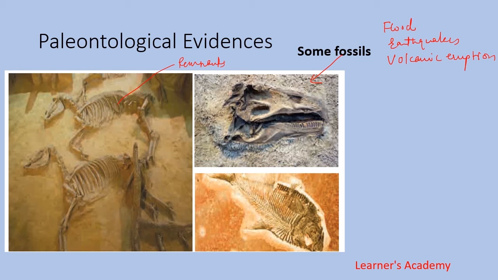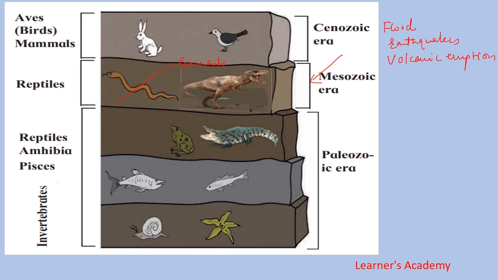The study indicates that vertebrates have slowly originated from invertebrates. When we study the structure of ground levels and fossils, we can make out that invertebrates slowly developed into pisces, amphibians, and then reptiles during the Paleozoic era.